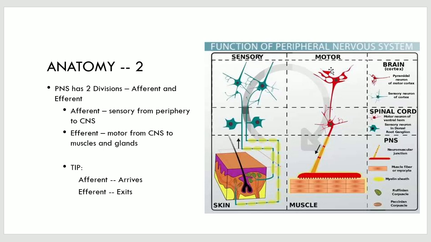Then the CNS, the brain, sends a signal back down through the spinal cord to whatever muscle or gland needs to work to make whatever change is necessary. So sensory up to the CNS, and then motor, efferent, down. Afferent is going to arrive at the brain. Efferent is going to exit the brain and make whatever change is necessary.